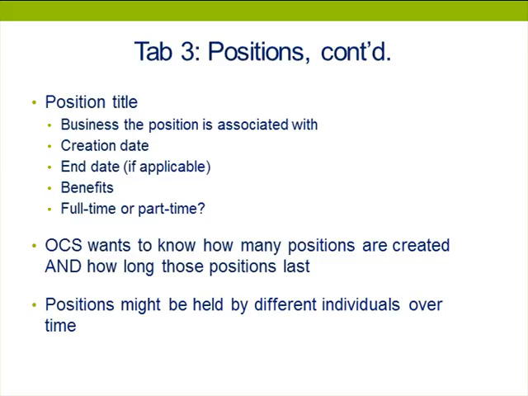It is important to remember that the same position might be held by a number of different individuals over time. So it would be great if each position you created was filled by one individual over the life of the grant, but the reality is that people will cycle in and out of positions after a while, so you'll need to make sure you record that in the data collection tool.